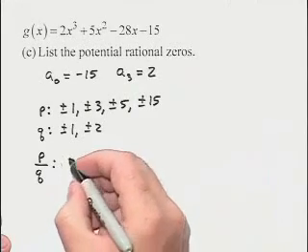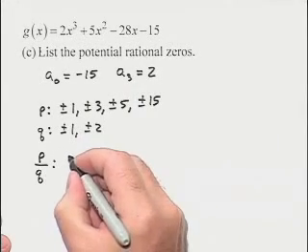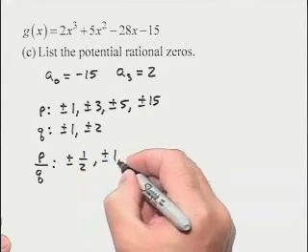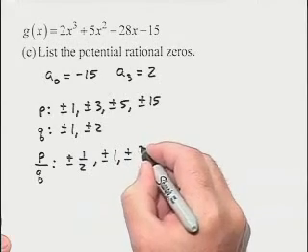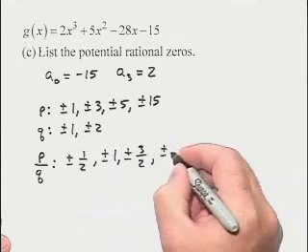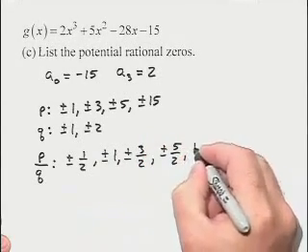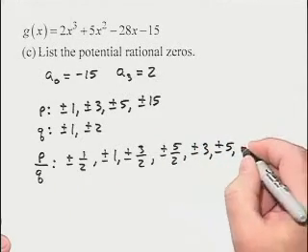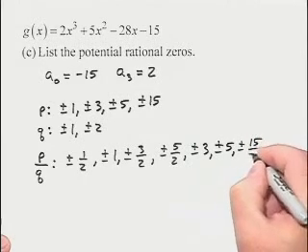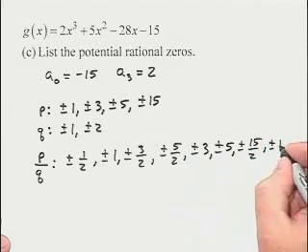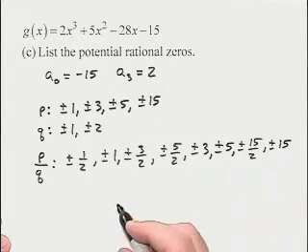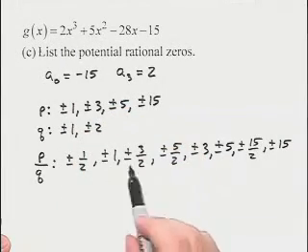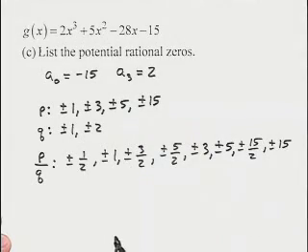We'll get plus or minus 1/2, plus or minus 1, plus or minus 3 halves, plus or minus 5 halves, plus or minus 3, plus or minus 5, plus or minus 15 halves, and finally plus or minus 15. So if our function g has a rational zero, it must be one of these 16 that we've listed here.